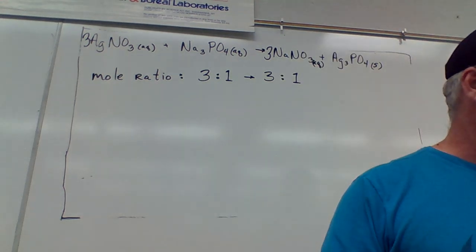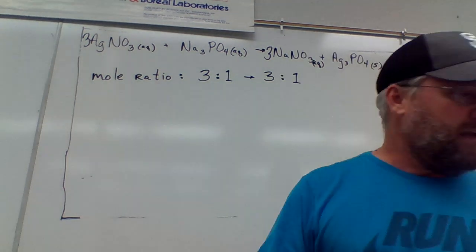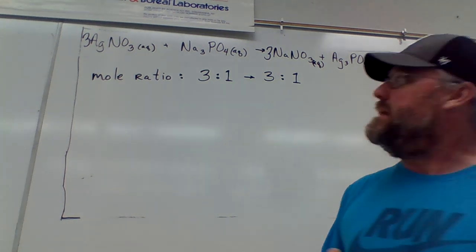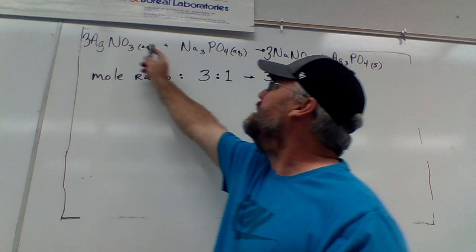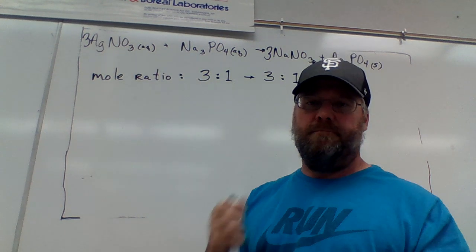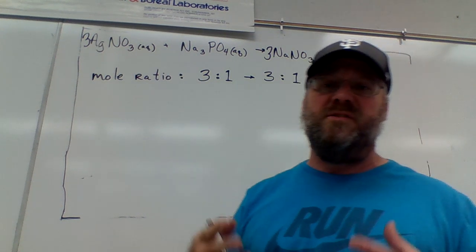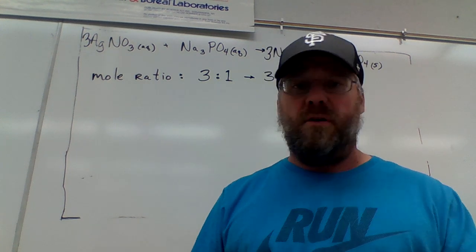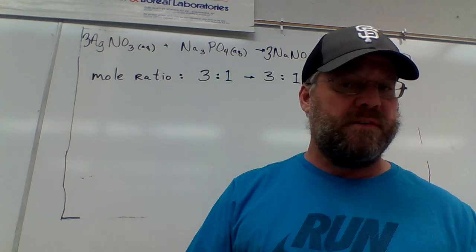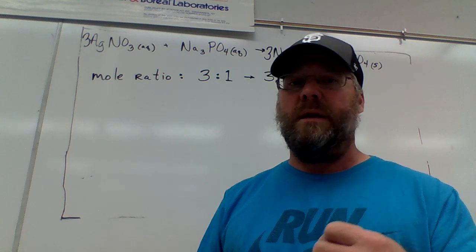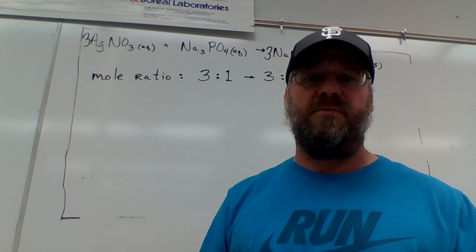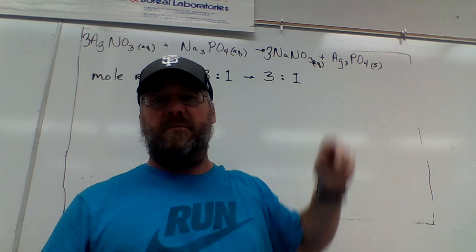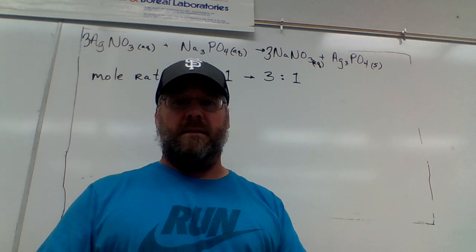How about finally D, 3 moles AgNO3, 1 mole Na3PO4. 3-to-1. Boom. That's the one that's going to maximize your output. You're going to use up all of the silver nitrate, all of the sodium phosphate, and you're going to make the maximum amount of silver phosphate that you possibly can.